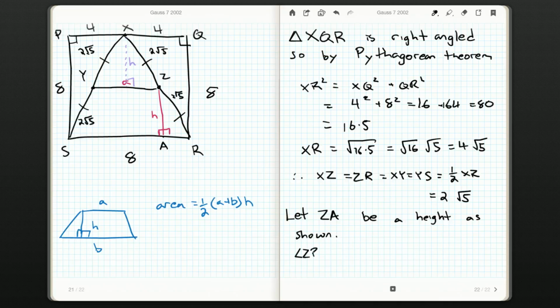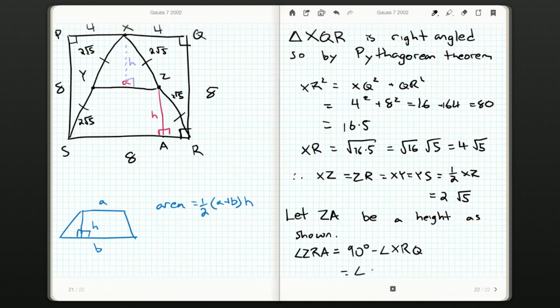So angle ZRA, together with angle XRQ, that makes 90 degrees. But together with XRQ and RXQ, that makes 90 degrees.